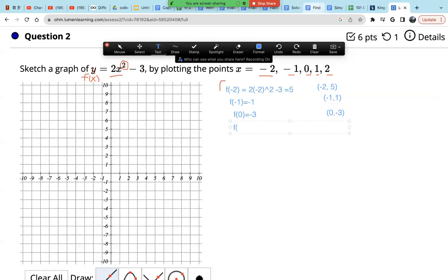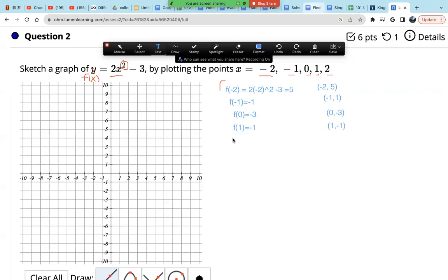Then f of 1. You see f of 1 is the same as f of -1, right? Because it's x squared. So we get another point, x to be +1, y to be -1.